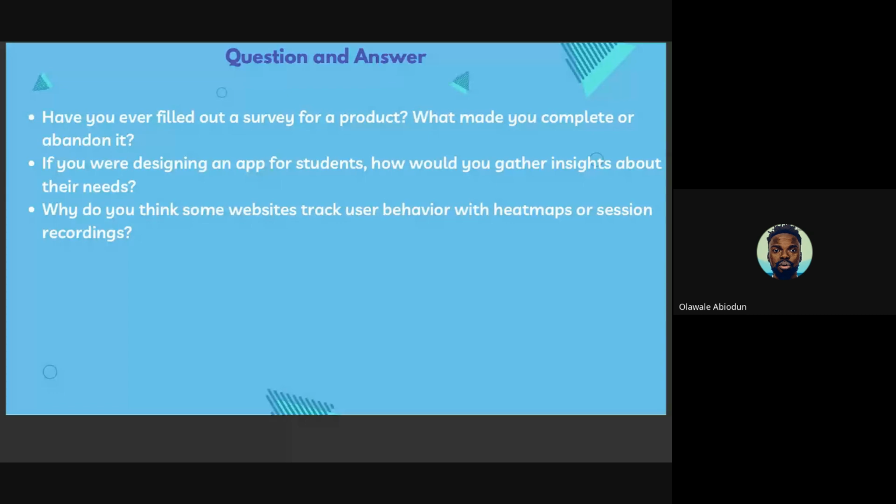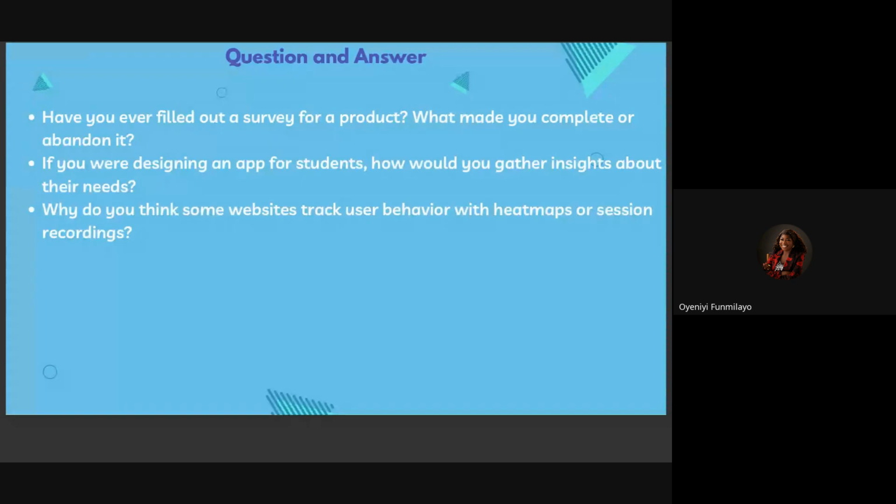It will depend on the problem I'm solving concerning the student. Let's say you're trying to solve the problem of their inability to stay consistent in reading. How would you gather insights about getting them to be consistent in reading and motivated? I'll do more research on that.